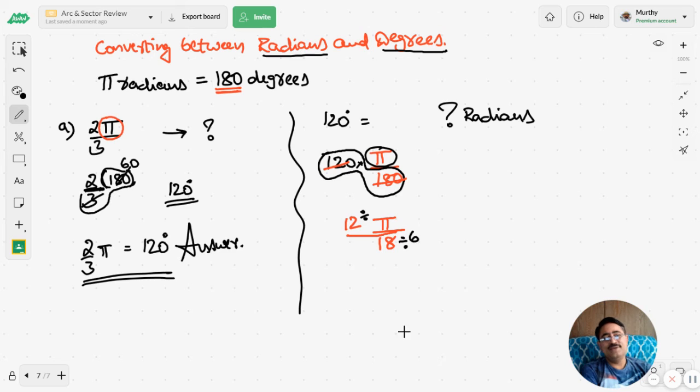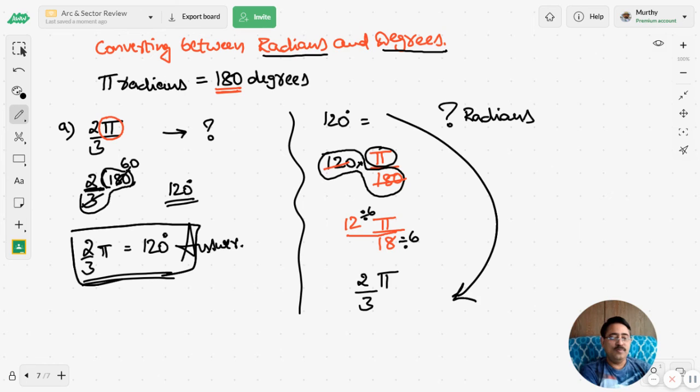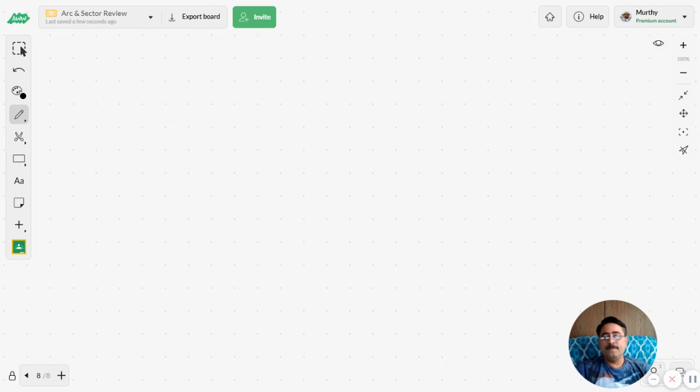You can divide by 6. So 12 divided by 6 gives me 2, and 18 divided by 6 gives me 3 pi. So 2/3 of pi. I have taken the same question: 2/3 pi equals 120 degrees and 120 degrees equals 2/3 pi. Okay. Let me quickly jump to the next question.